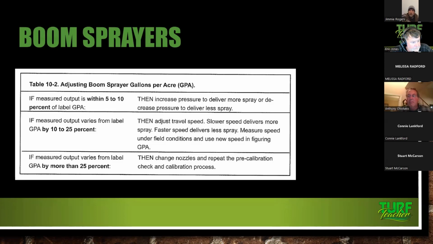Here's a comment. On some herbicides, the rate per 1,000 square feet is like 0.025 or 0.0225. What are you using to measure that with? It's in your liquid, right? Yes, liquid, and it's per 1,000 square feet. I was going to try to pull one up right quick, just to give you an idea.